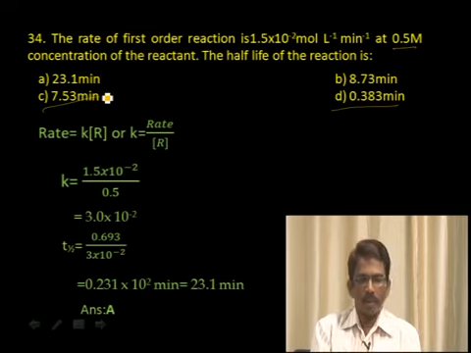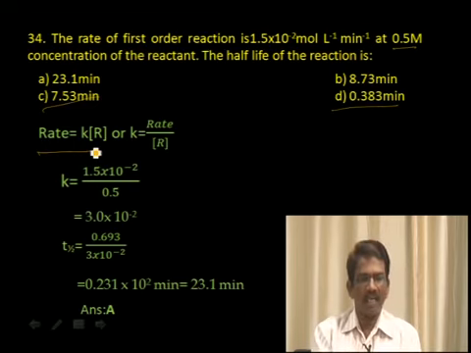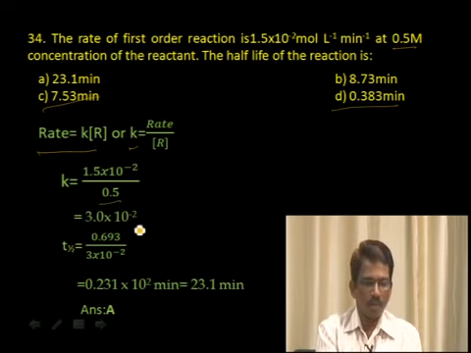So the first order reaction has the rate law expression as rate equals K R to the power 1, or K is equal to rate divided by concentration. The rate is 1.5 into 10 power minus 2 and the concentration is given as 0.5. If you simplify this, you get 3 into 10 to the power minus 2 per minute.